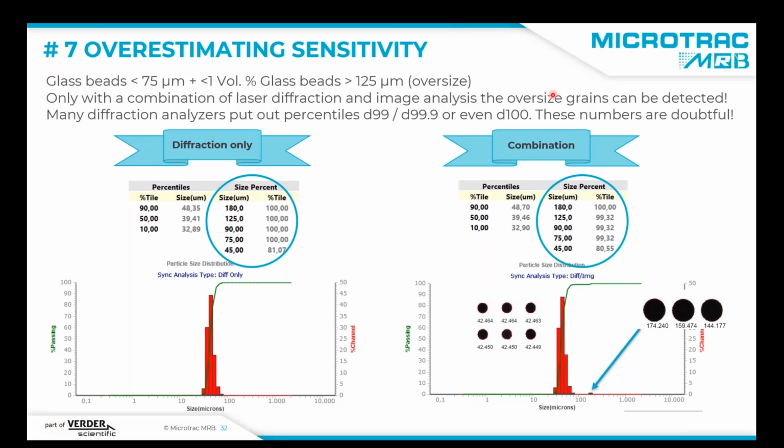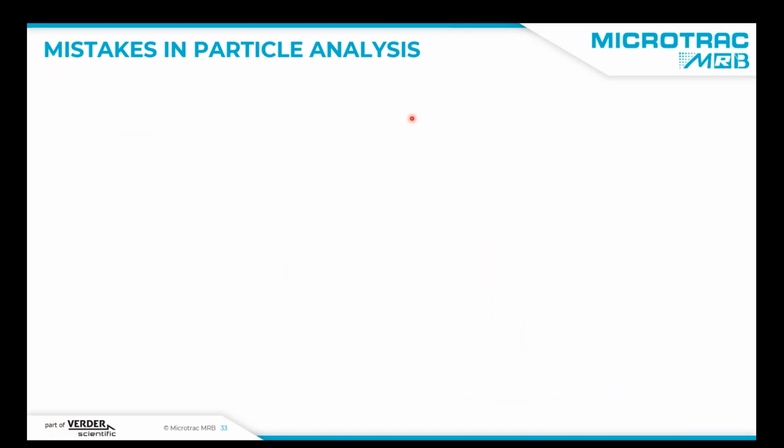Also, a D100 value is not defined. If you look here, D180 is D100, 125, 290 is also D100, so it's a meaningless number. And now discussing D99.9 is somehow a futile discussion. Okay. So check your device sensitivity and know how reliable the oversize can be detected.